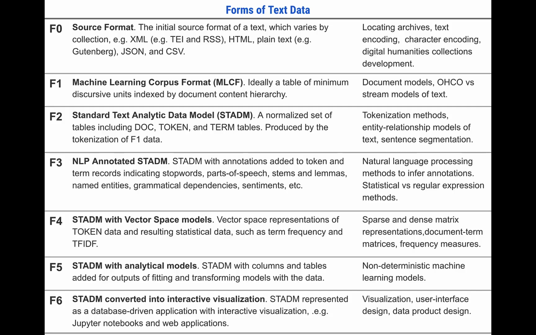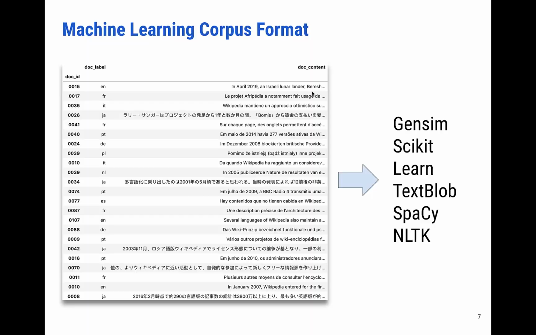And the rest of the levels are further additions to the model using the results of various analytical processes. I'm distinguishing between deterministic and non-deterministic features that we can pull out from these models. We're going to look at those in more detail in the rest of this course. And then finally, the last level is where you've added data to the tables to support the development of database-driven web applications.